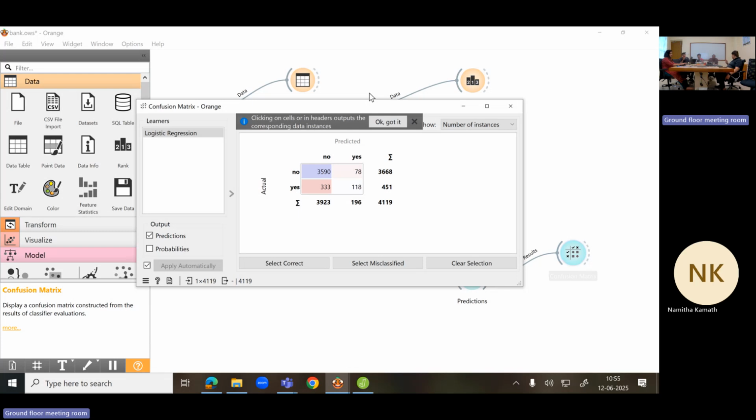That is 118 divided by 196. But from the quadrant perspective, 118 is true positive. And how does 196 come? True positive plus false positive. So precision is true positive upon true positive plus false positive.